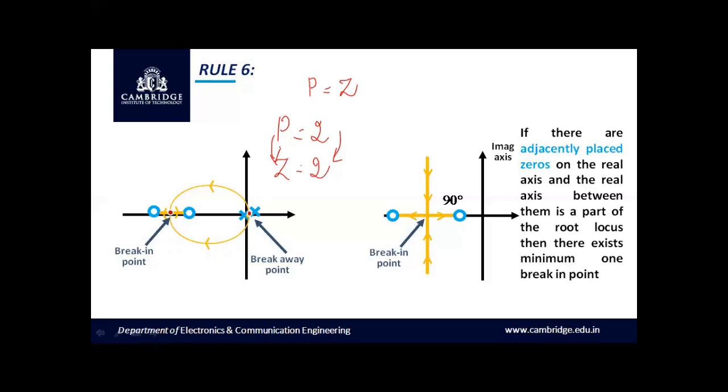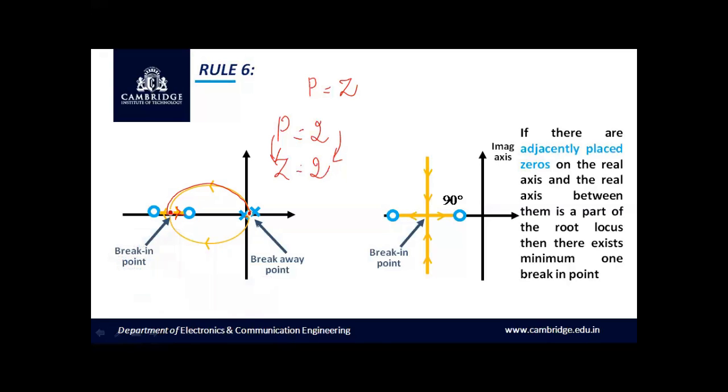None of the poles is going to terminate at infinity. Make a note of it. Hence, in this case, for the pole at s is equal to 0, with an increase in k, it reaches one particular point, breakaway, and it breaks away, and it breaks in, satisfying the third condition of rule number 6, and then it tries to reach the zero here.